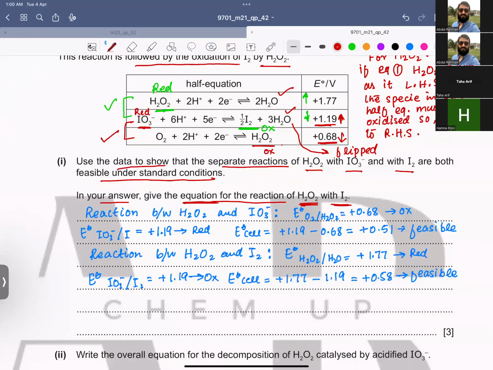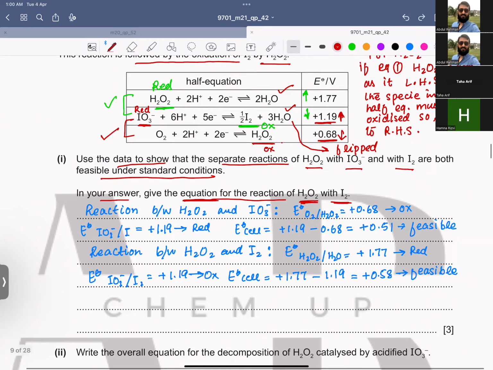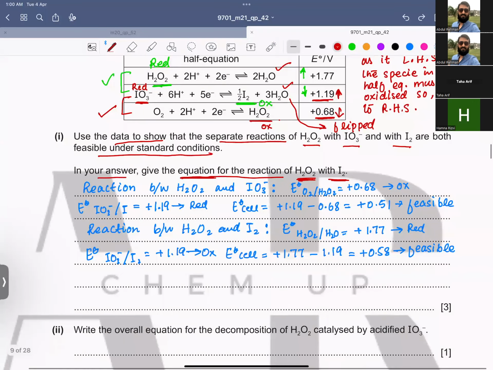Why am I flipping this equation? Because in this equation also the forward reaction is reduction, and the conclusion we drew tells me that oxidation will occur, which means the backward reaction takes place. So that's why I have to flip the equation. Okay, so first write the first equation.